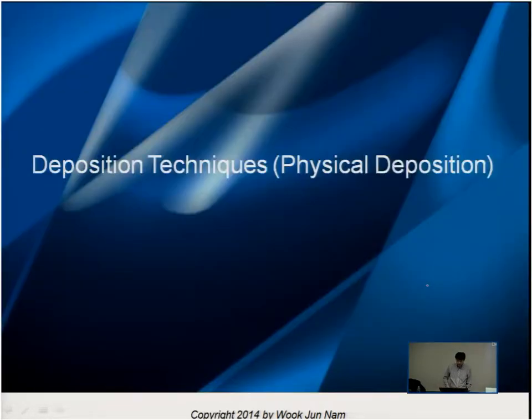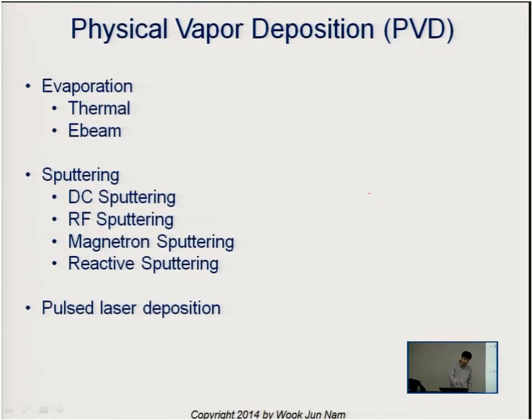And then the physical deposition. Basically these three techniques are the most popular for physical vapor deposition: one is evaporation, the other is sputtering, and the third is pulsed laser deposition.